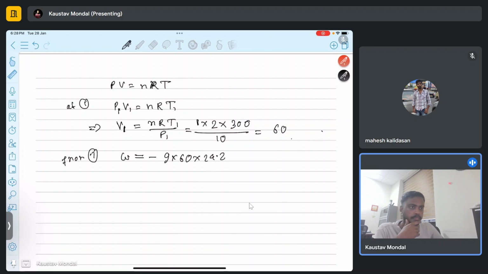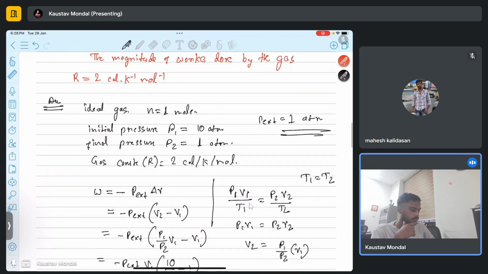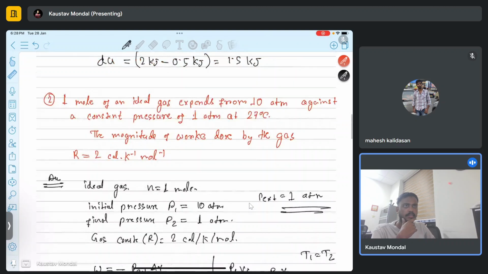If you calculate this, it gives you minus 13068 calorie. So this should be the answer. This is a very normal problem.